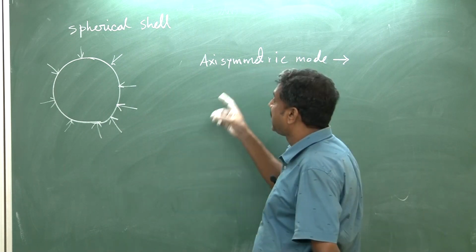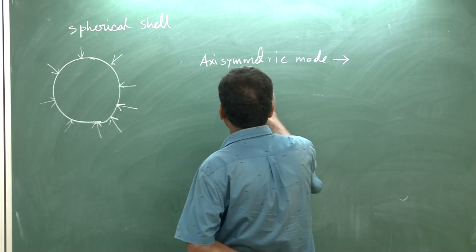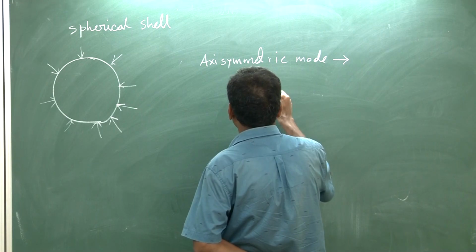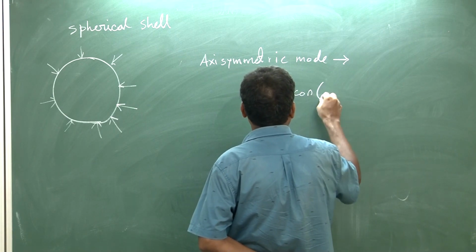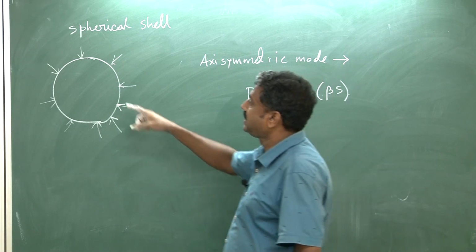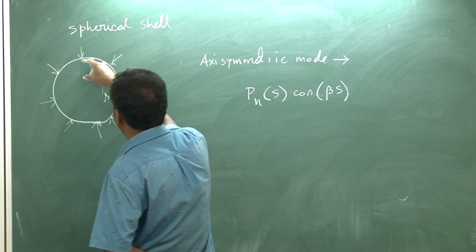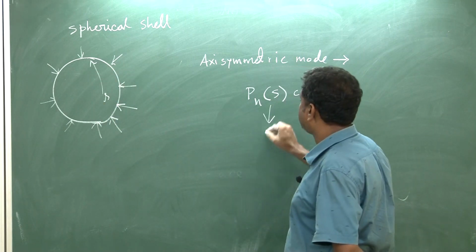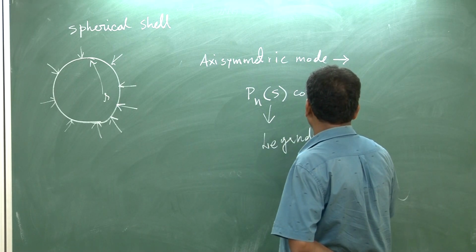There the solution for the axisymmetric buckling of a spherical cell is given. This looks like P_n(cos beta S), where S is basically the meridional coordinate. Okay, meridional coordinate. So, P is nothing but the Legendre polynomial.